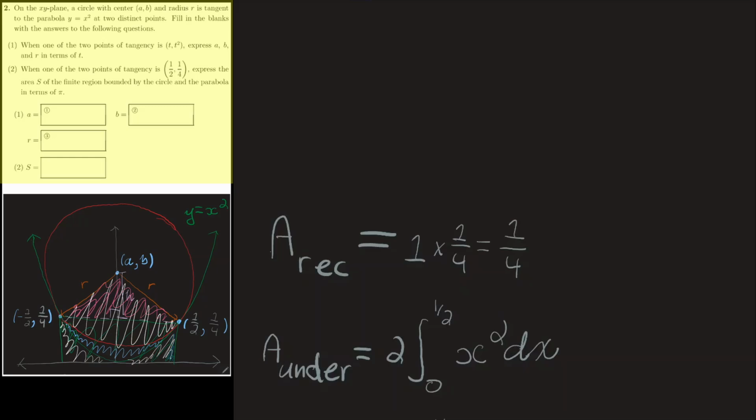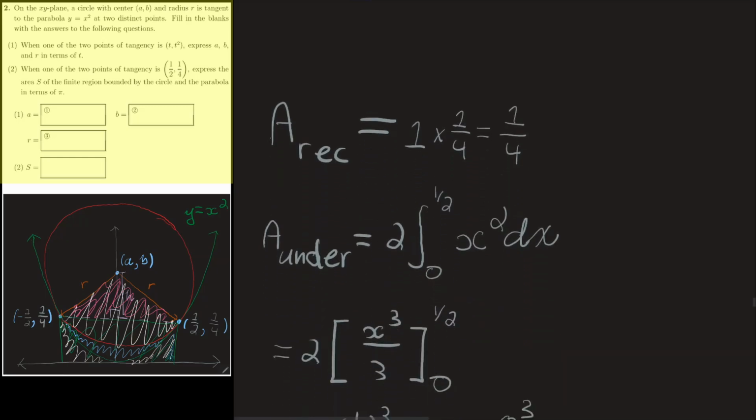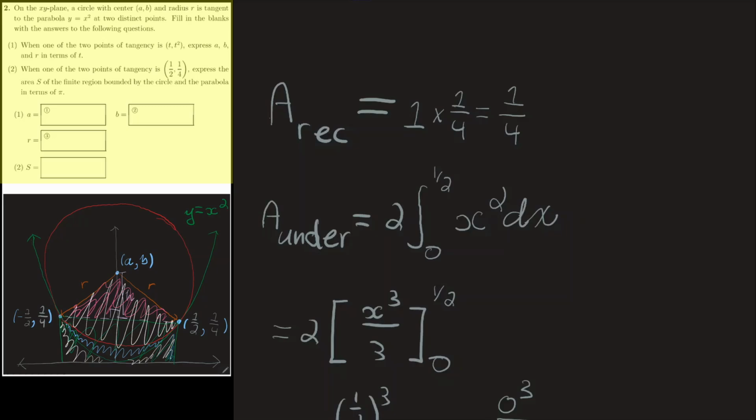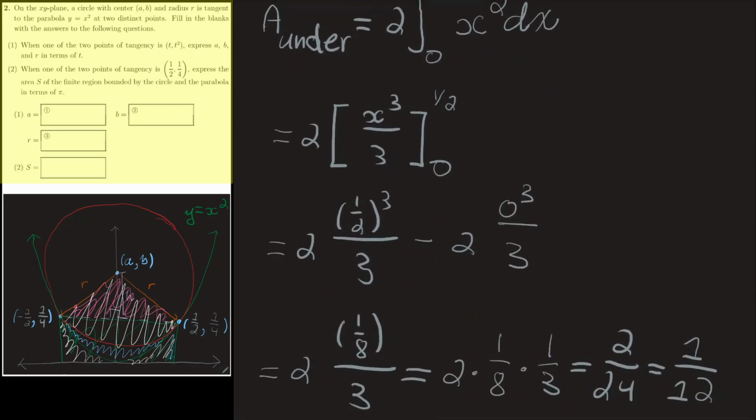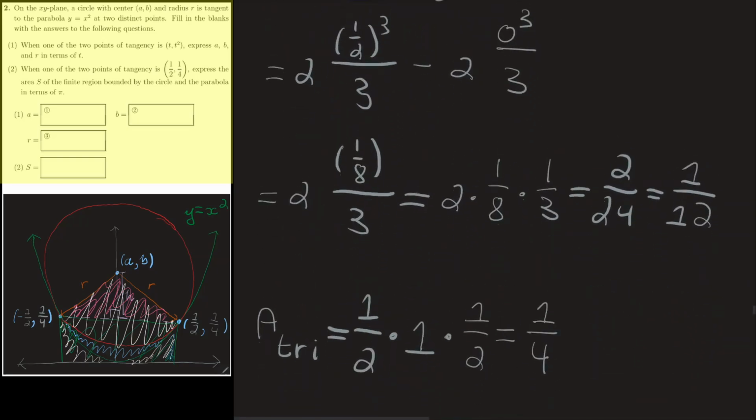Because it's symmetrical along the y-axis, I'll do the integral from 0 to 1 over 2 and multiply it by 2. This is just a simple power rule integral. And so if you solve for it, you will find that the area under the parabola is equal to 1 over 12.